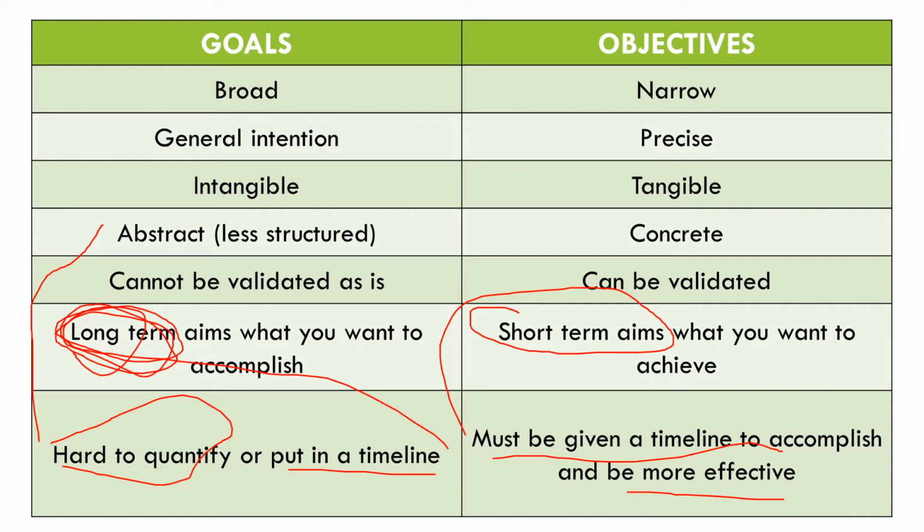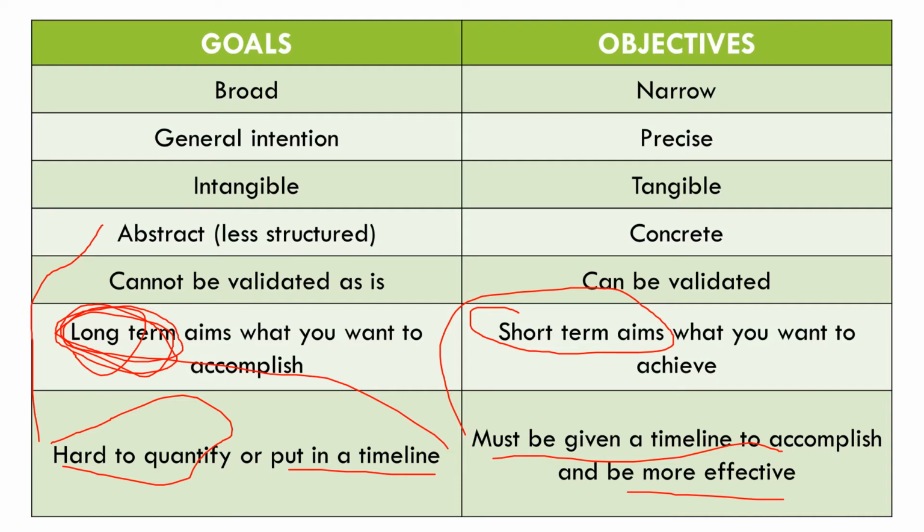You can see that the goal statement is very broad and has a general intention. It's very intangible and very abstract, because you don't know how to become a successful teacher. But for you to become a successful teacher, you have to do those objectives, specific statements. So that is your goals and objectives. I hope that is clear for you all.